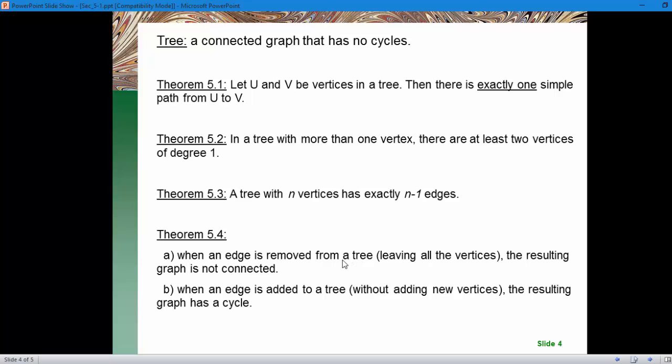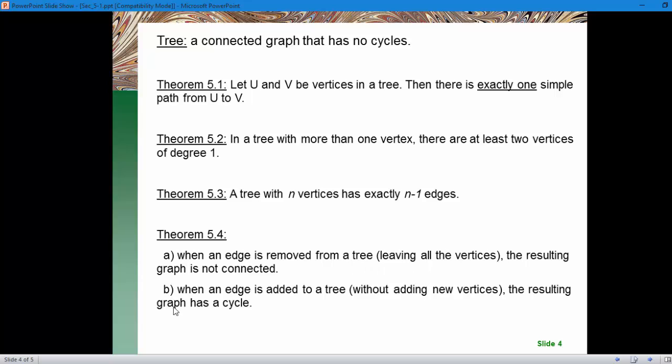You're not adding any new edges. You're not creating any new paths. That means the tree still has no cycles, but because it's not a tree, then there must be something that happened to the connectivity of the tree, and that means the tree is not connected anymore.